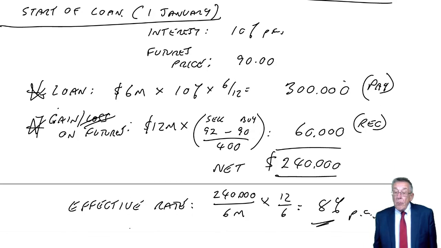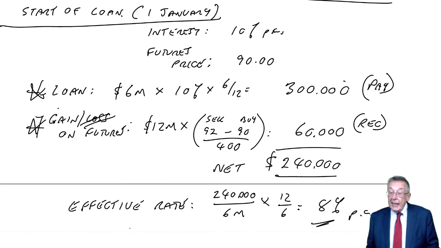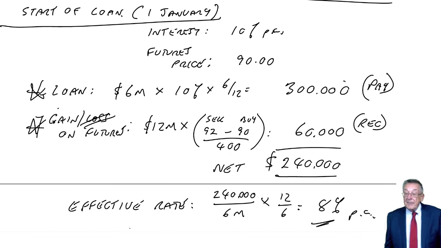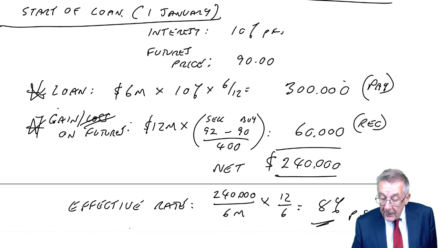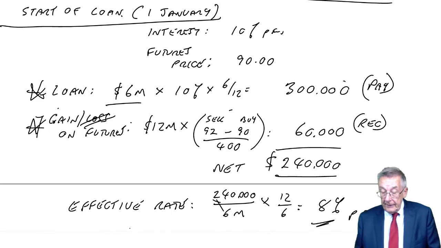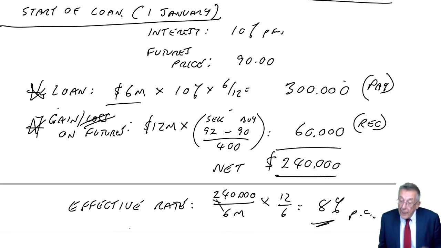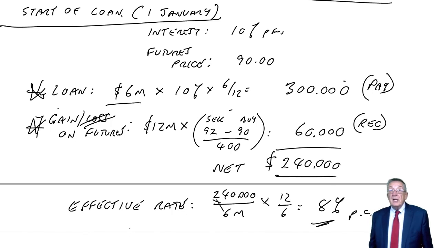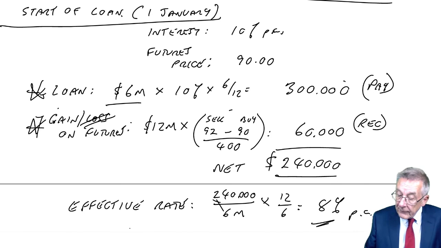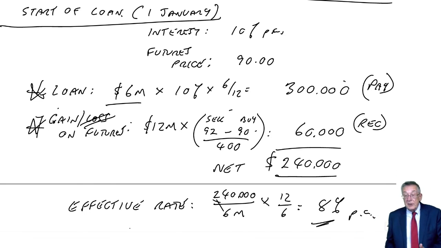However, there we are. And of course, I won't waste your time, but interest rates could have gone either way. If interest rates had gone down, we'd have paid less on the loan, 7%, whatever. But on the futures, you'd have made a loss, because if interest rates had gone down, the futures price would have gone up. We'd have made a loss on the futures.